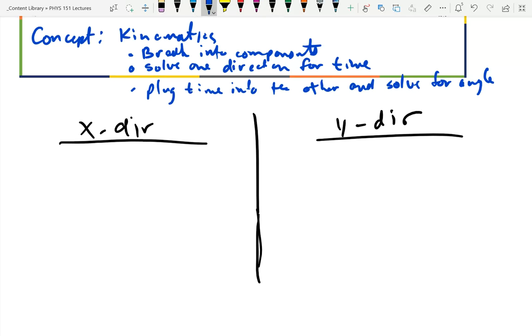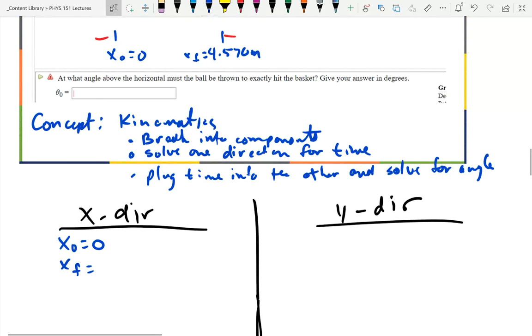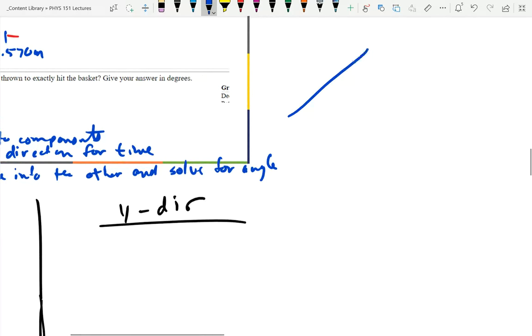So in the x direction, what's x initial? 0. What's x final? 4.570. What's vx initial? No, it's not so easy. That's the v initial. We need the component. And so just like before, here's v initial.